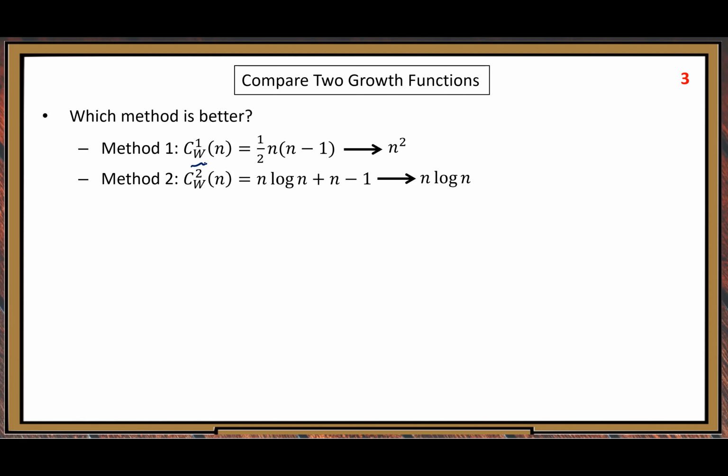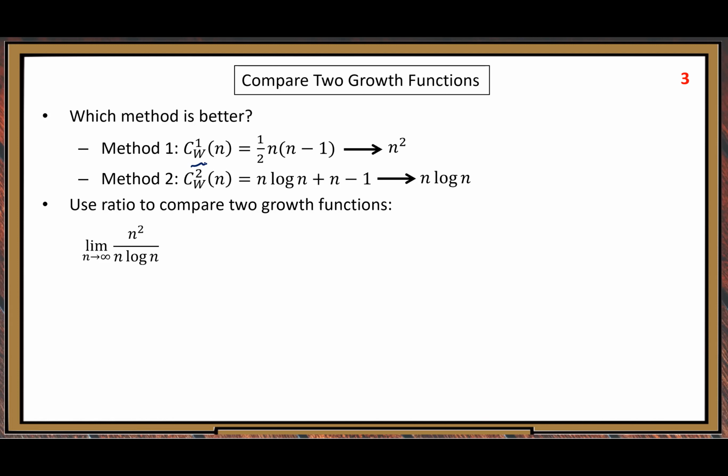Let us compare these two functions. We use a ratio to compare these two growth functions, just like what we did in the previous slide. But here, let us consider the ratio of these two growth functions when n goes to infinity.